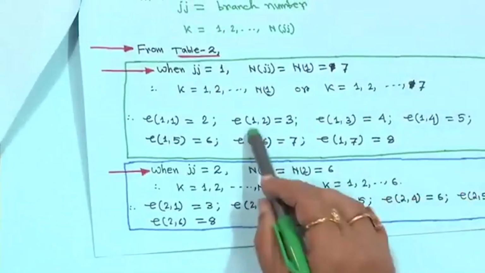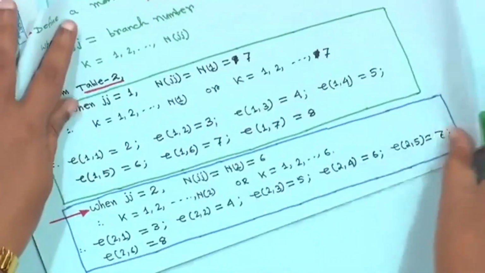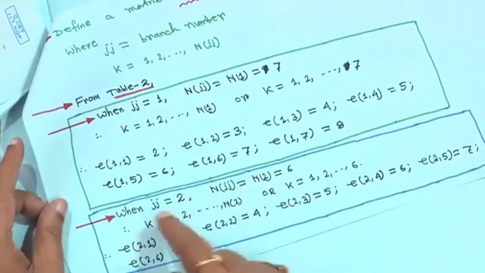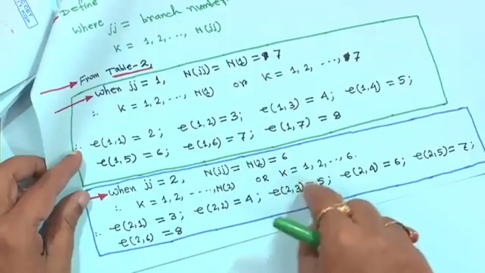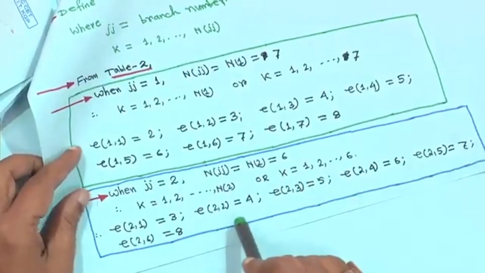These elements you first have to identify and read into the computer, all this data, the E matrix. Similarly, E27, E28. Thank you very much, we will be back.